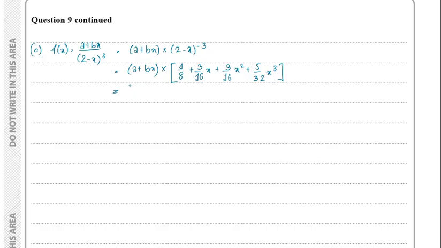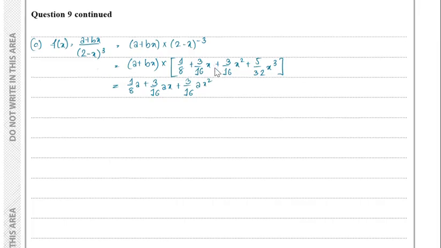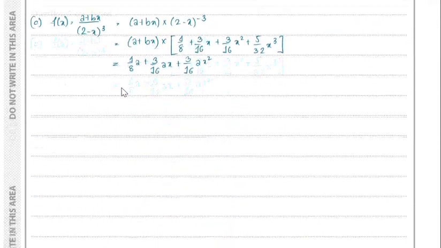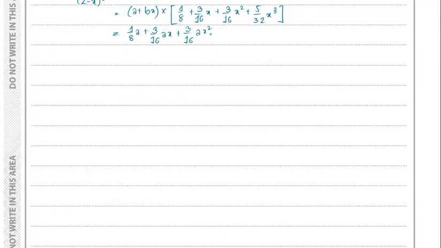So a multiplied by 1 by 8 would be 1 by 8a plus 3 by 16ax plus a multiplied by 3 by 16x squared would be 3 by 16ax squared. And if you look at the question, they have only given the first three terms, so we have to expand till we get x to the power 2.